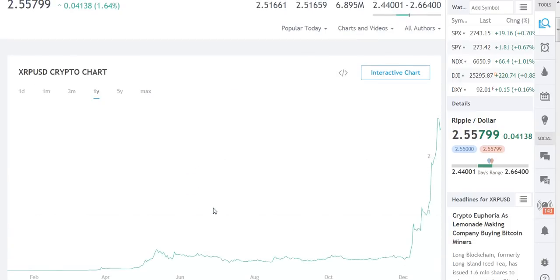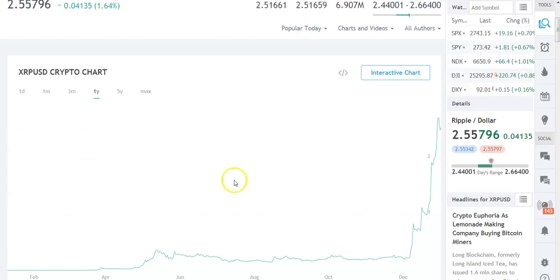It's been relatively flat from April, it went up a little bit, went down, but it's been relatively flat for the whole 6 months, from May to December, until boom, right? Take a look at any coin, this graph is pretty much similar. Everybody started pouring money into altcoins around the middle of December, and it's been skyrocketing.